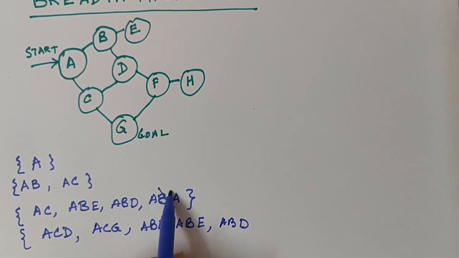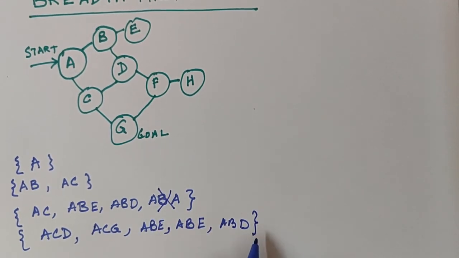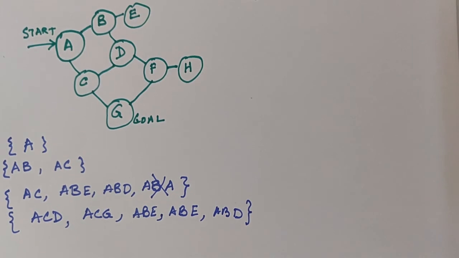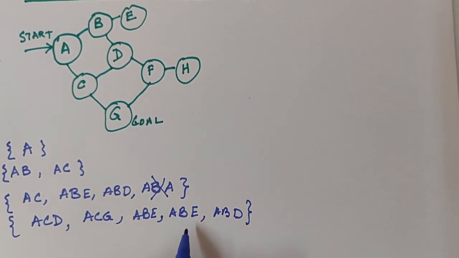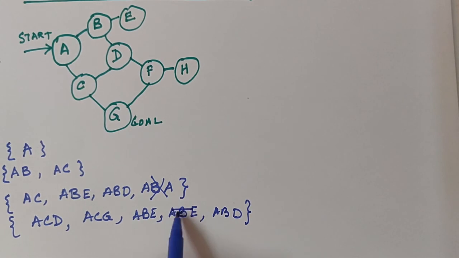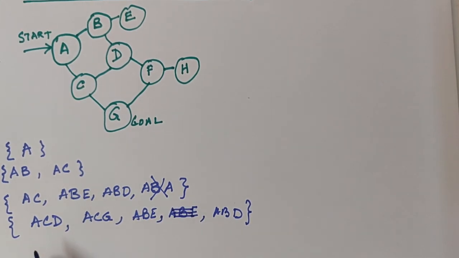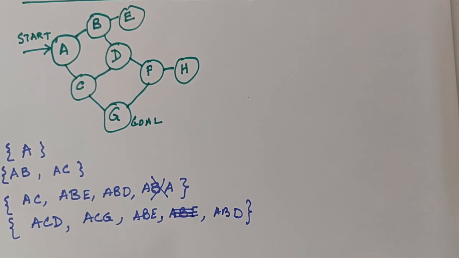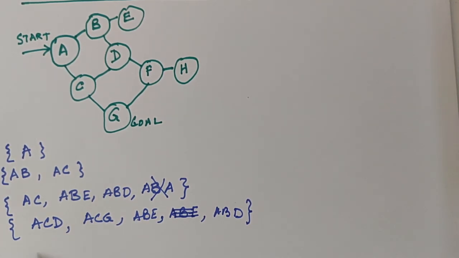I am removing this one because it's a backtracking path. Sorry, there has been a repetition of this ABE twice. So in my frontier there are these 4 paths available: ACD, ACG, ABE, ABD, and as you can see, all of them have equal length of 3. So I can break the tie anyhow, and here I can choose ACD.